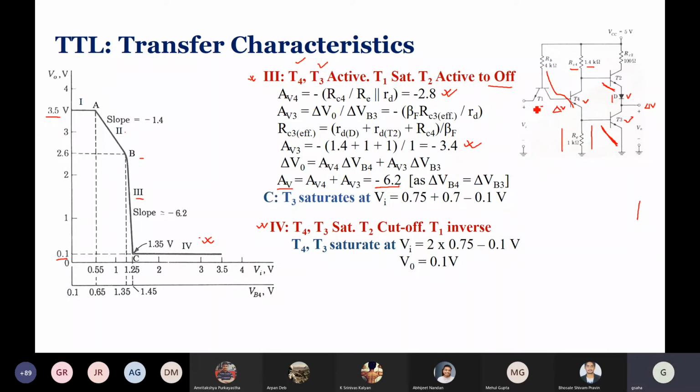Yeah, I think I got your point. So you mean to say this 0.1 volt, when it is going into inverse direction, this will be plus, this will be minus, is it? Is that what you want to say?